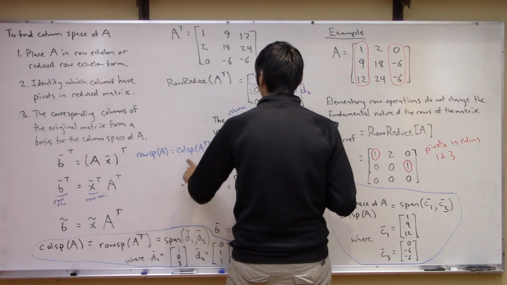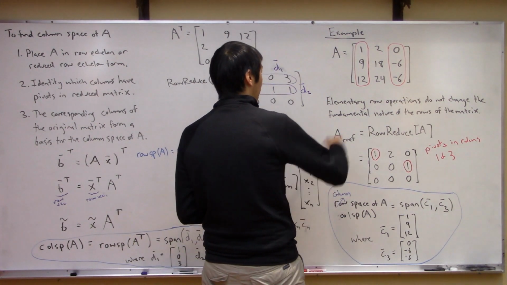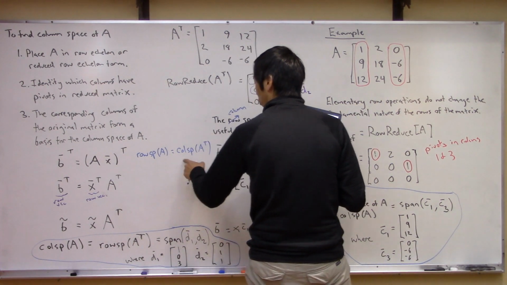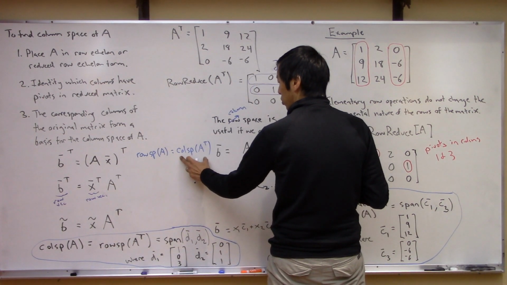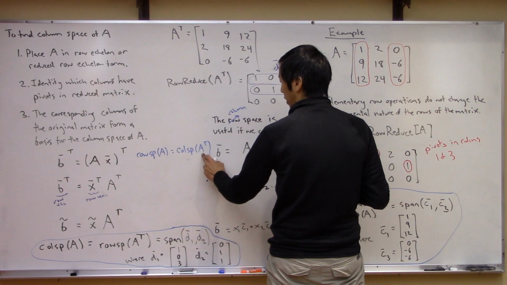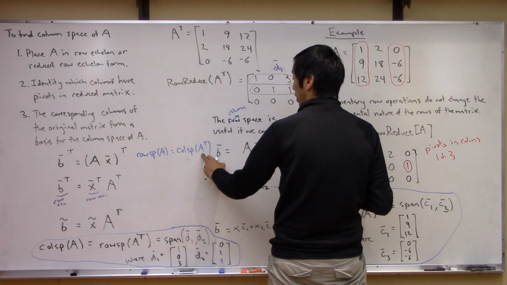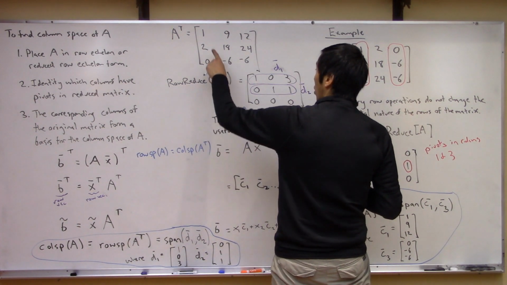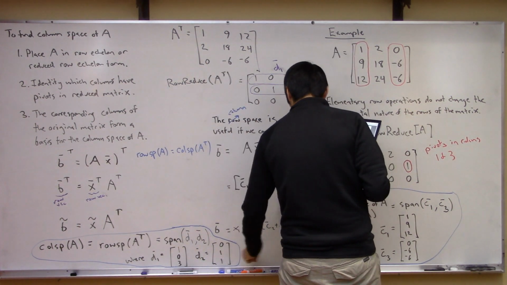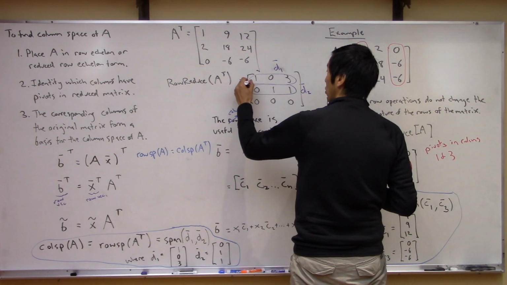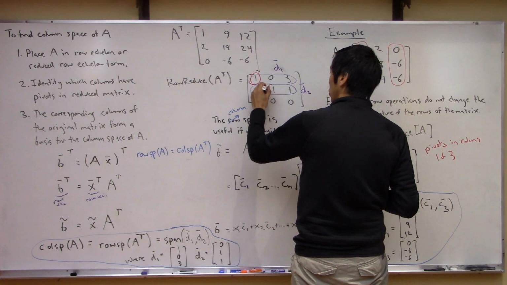So again, if you were to run that analysis with our example over here, what do we have to do? Let's just compute the column space of A transpose. To get the column space of a matrix, we have to identify the pivots. In this case, there are pivots in columns 1 and 2.